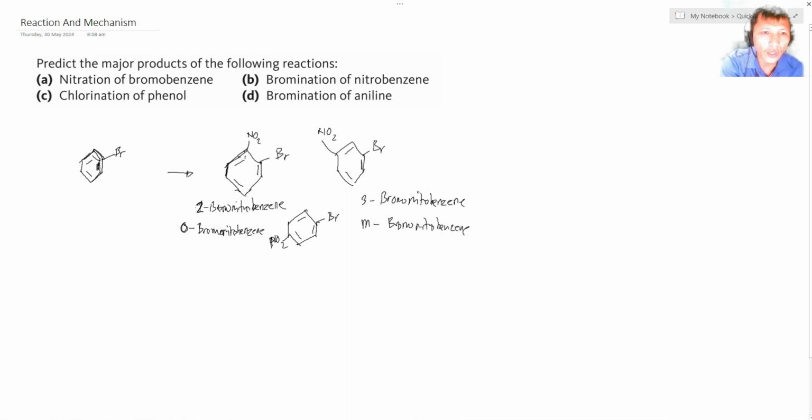And the last one, of course, is a para, or a 1,4, or 4-bromo. Para-bromonitrobenzene, with just a small p. The capital would be the bromo. But anyway, in other books, all of these are small letters.